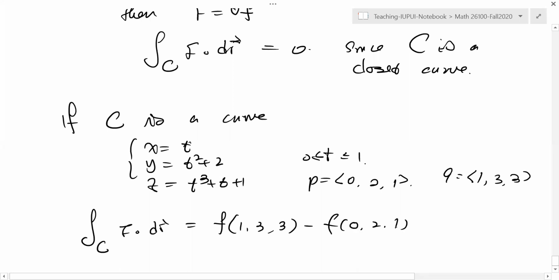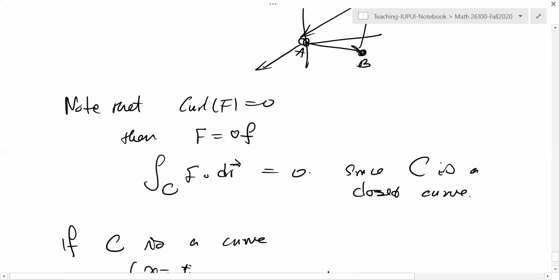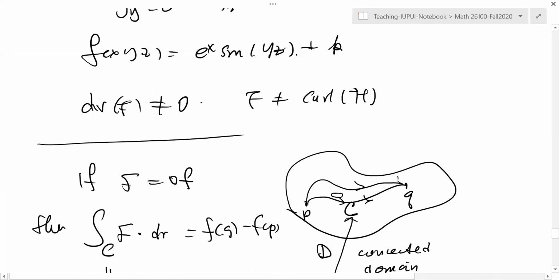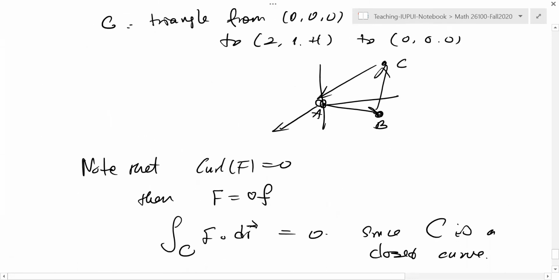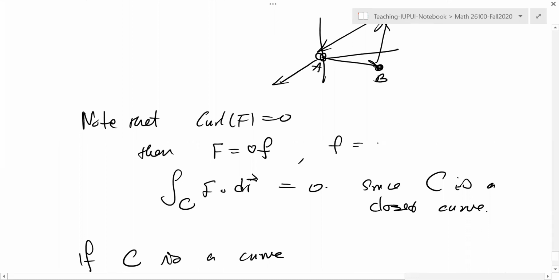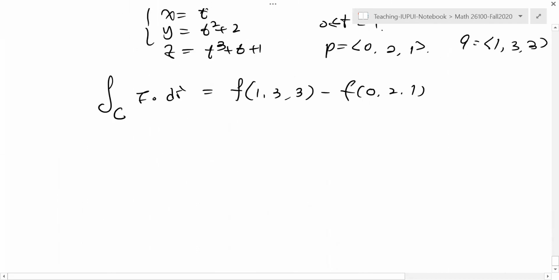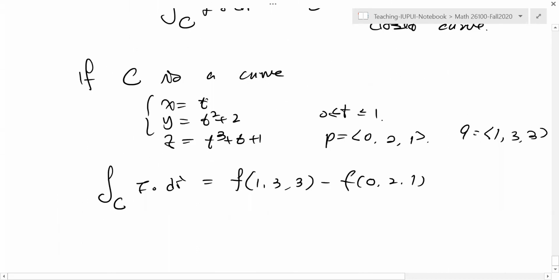Now, what is our f? We already found f. f is e to the x sine yz. At the end point, e to the x is e, and sine yz is sine 9. At the starting point, e to the x is 1, and yz is 2.